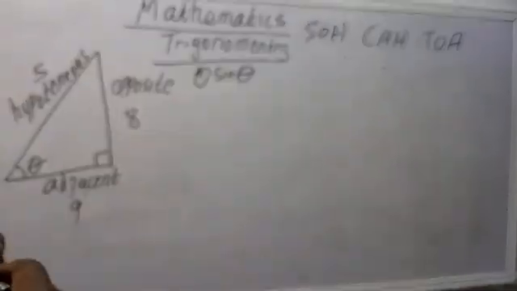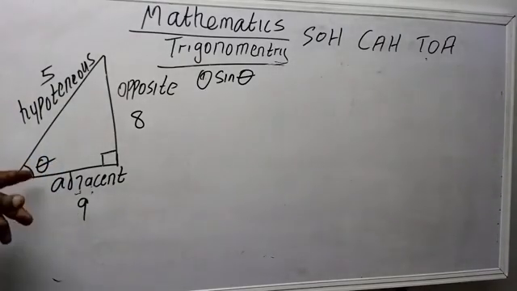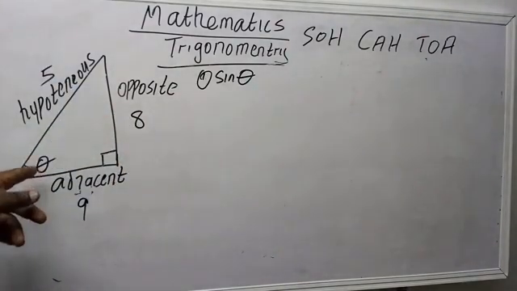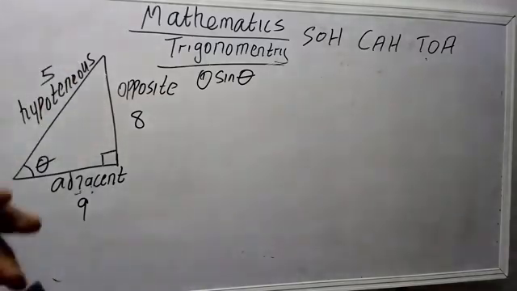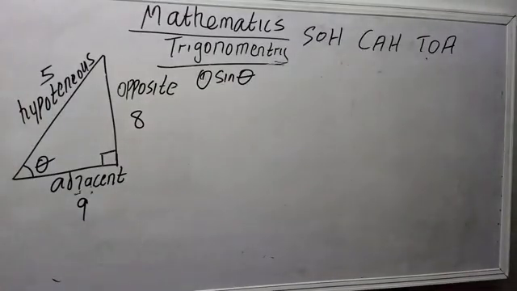Don't forget, wherever this angle is facing will be the opposite. You can see this is opposite. This is the hypotenuse, which is always the longest side of a right angle triangle. And this is the adjacent, the smallest.